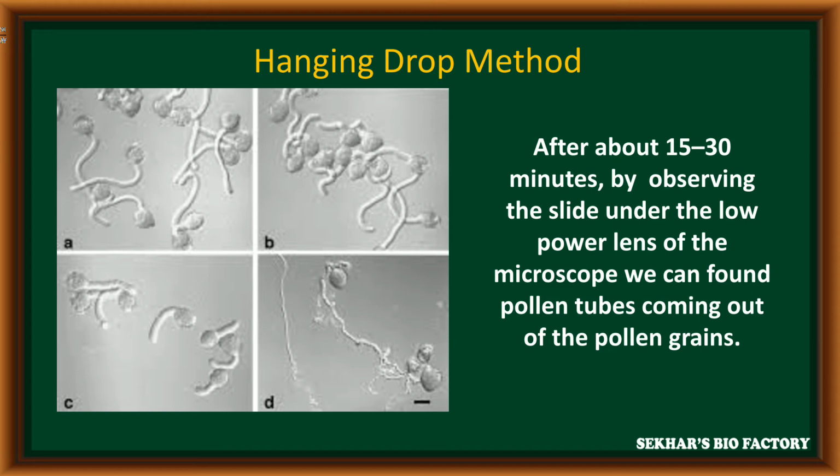Especially after 15 to 30 minutes, by observing the slide under a low power lens, we can find that some of the pollen grains produce a pollen tube as an outgrowth, which indicates pollen germination.